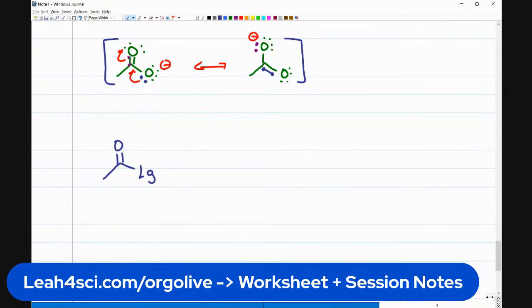But if we are looking at a leaving group that does not have that hydrogen, then the resonance itself still exists. Remember that the oxygen with a pi bond can resonate up, giving me, when I look at the neutral structure, a partially negative oxygen and a partially positive carbon, and that is key.